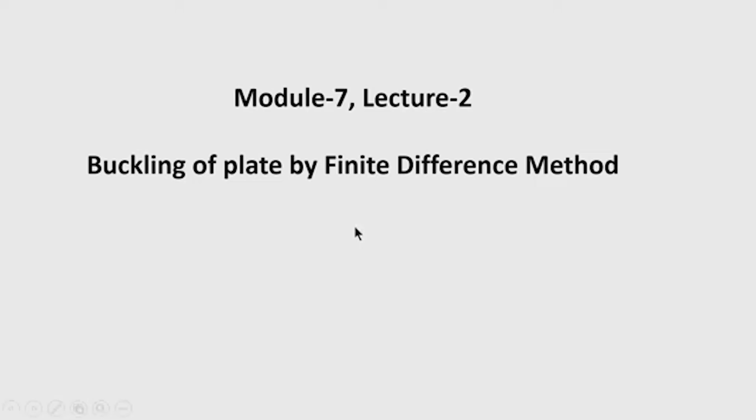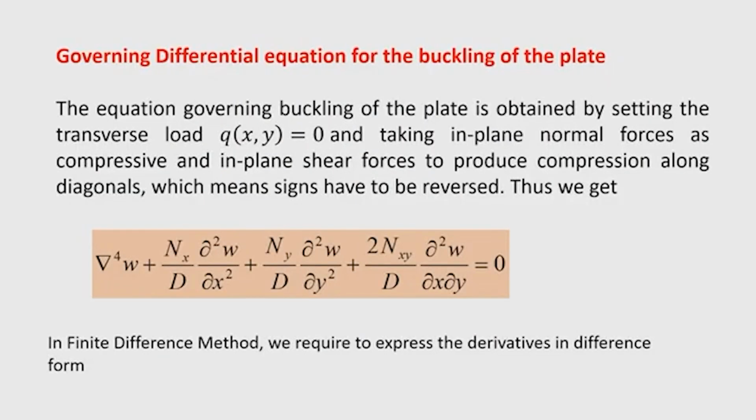So, for a non-trivial solution we will get a characteristic equation to find out the critical value of the load, or in discrete form we actually convert this to a standard eigenvalue problem and then we solve for the eigenvalues. Okay.